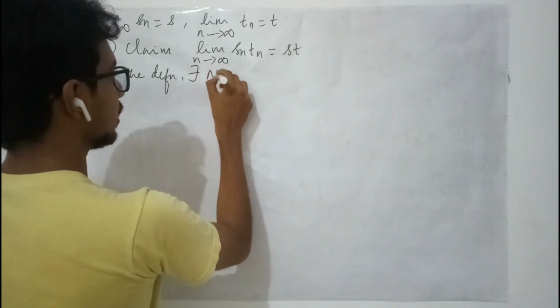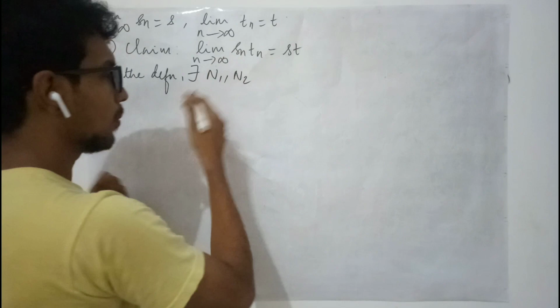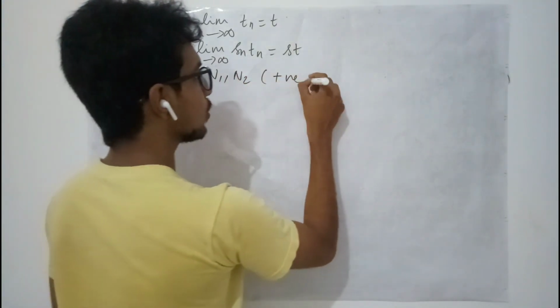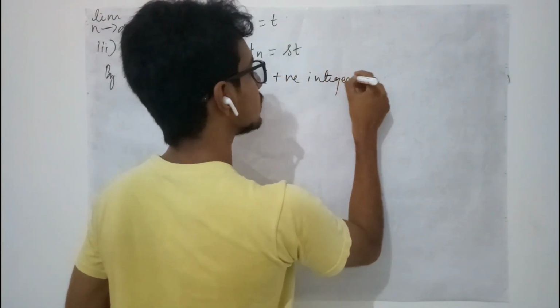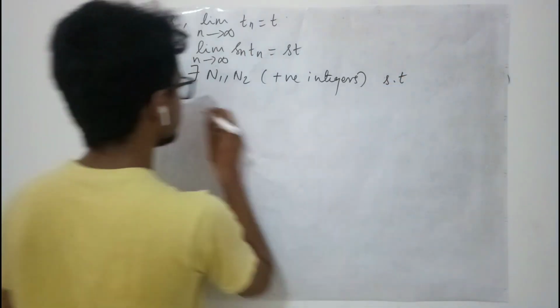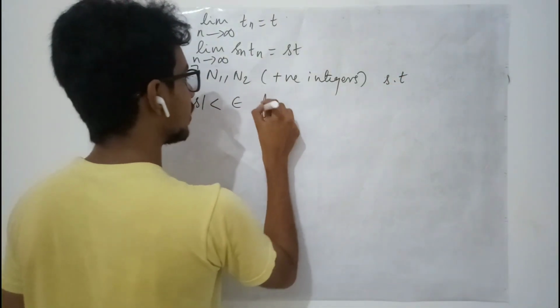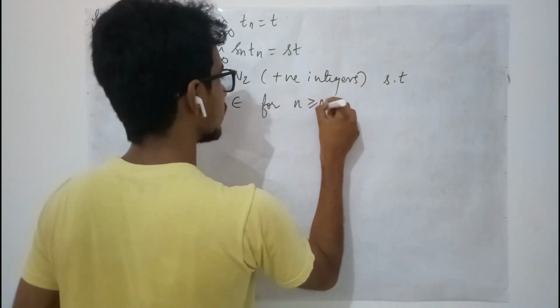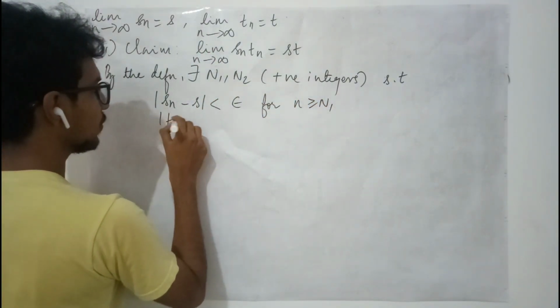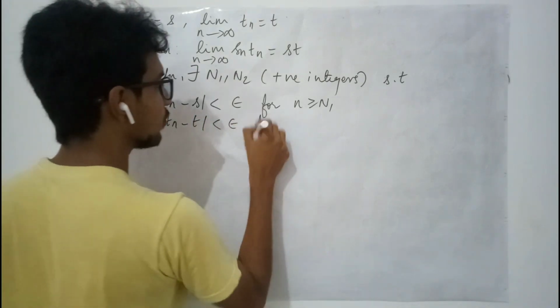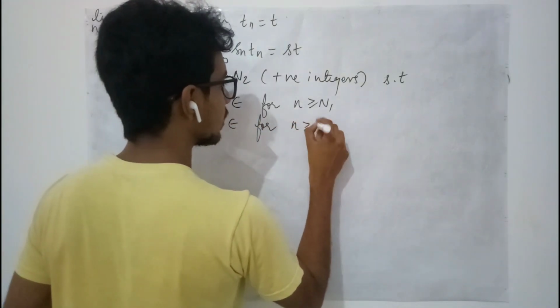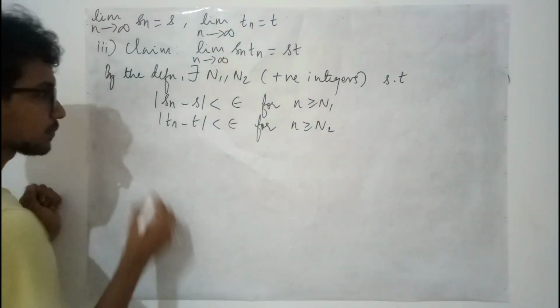There exist n1 and n2, positive integers, such that the absolute value of Sn minus S is less than epsilon for n bigger than or equal to n1, and the absolute value of Tn minus T is less than epsilon for n bigger than or equal to n2.